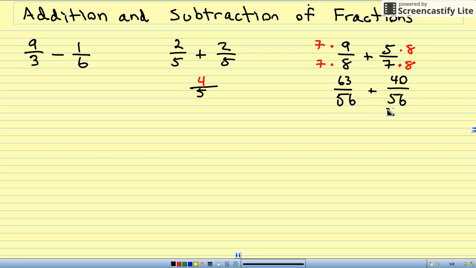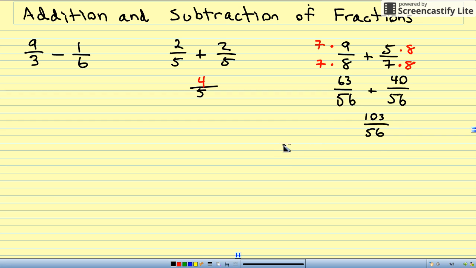Now I've got what I want. I've got the same bottom numbers, 56 and 56. And like I said, once you get the same bottom numbers, you keep that bottom number, 56. And now I'm going to add 63 and 40, which is 103.